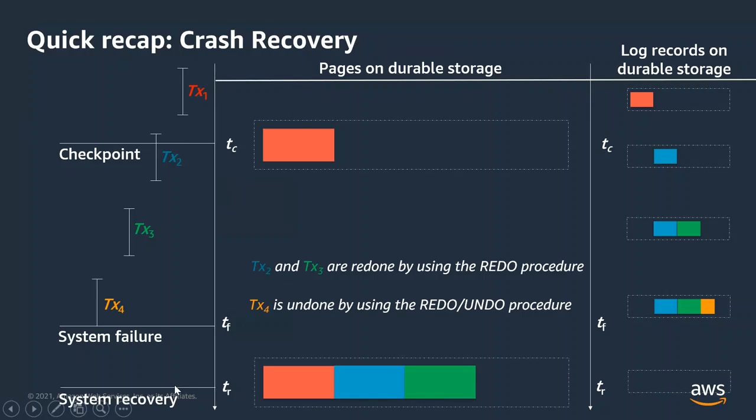At the time of recovery, the database now looks at the log records. So it knows that transaction 1 made it to the checkpoint even earlier, but transaction 2 and transaction 3 are present only in the log file, but not in the checkpoint. So it would take those log records and reapply them to the previous version of the pages in the checkpoint and produce the blue pages and the green pages.